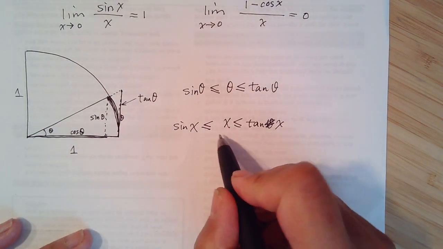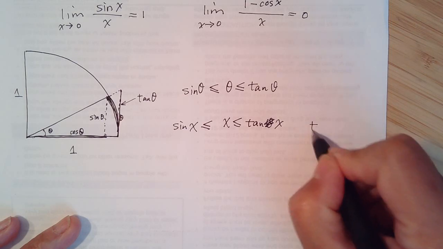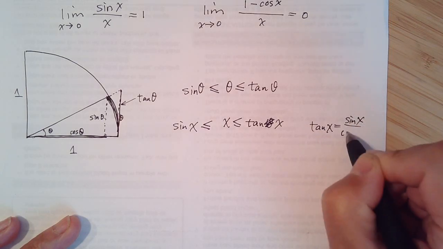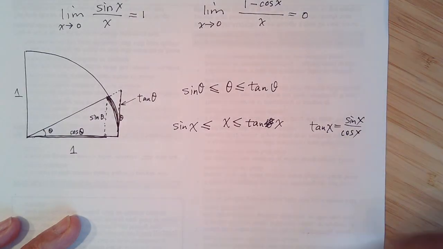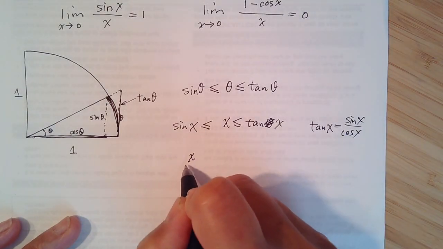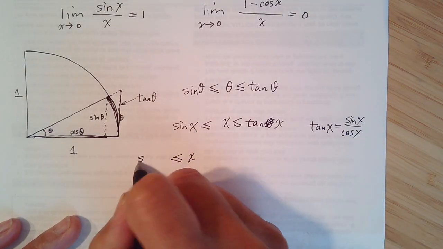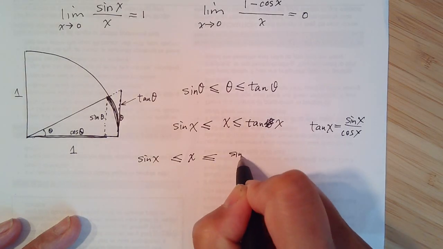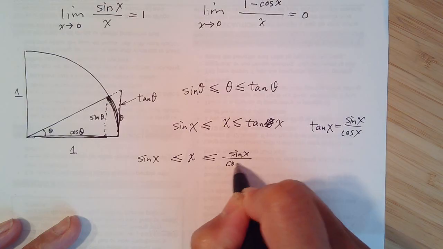Do you know tangent x is just sine x over cosine x? You know that, right? Okay, so let me rewrite that. I write x is greater than or equal to sine x, greater than or equal to sine x over cosine x.